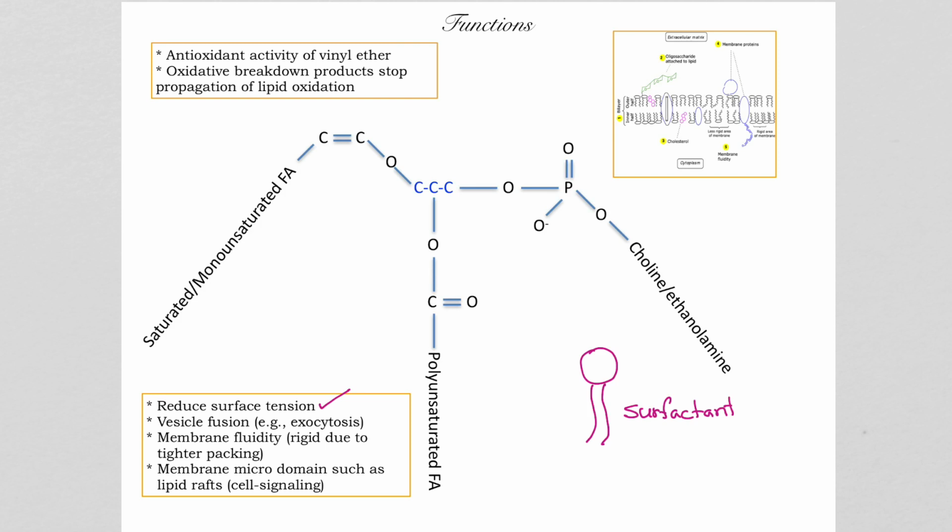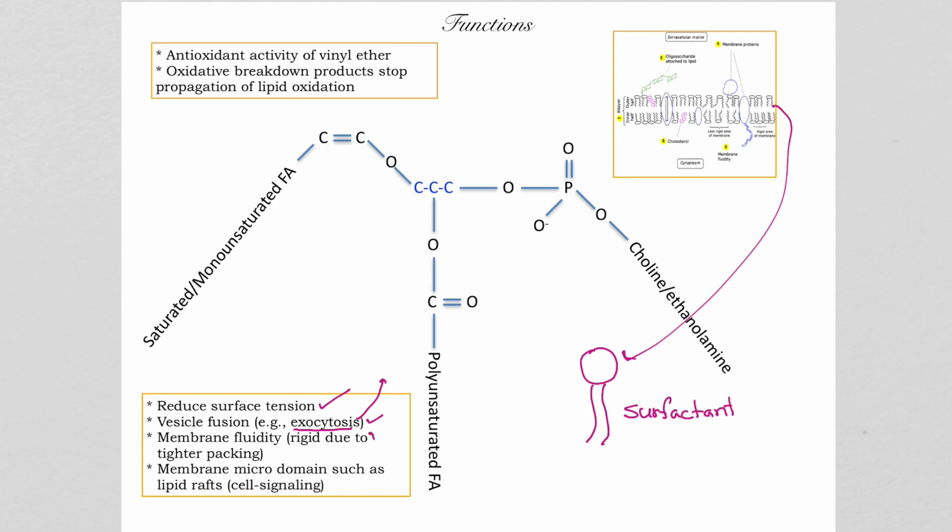And because they are part of membranes, they are important in cellular processes such as vesicle fusion, where vesicles fuse with the plasma membrane. But this is what we see happening in exocytosis, endocytosis. This is how neurotransmitters are released from neurons and so on.